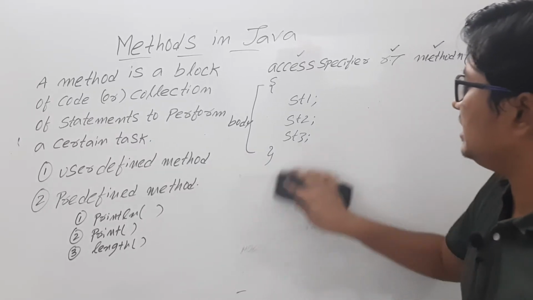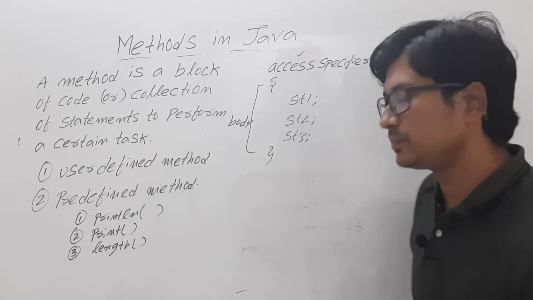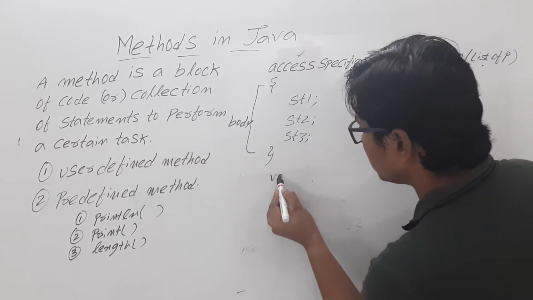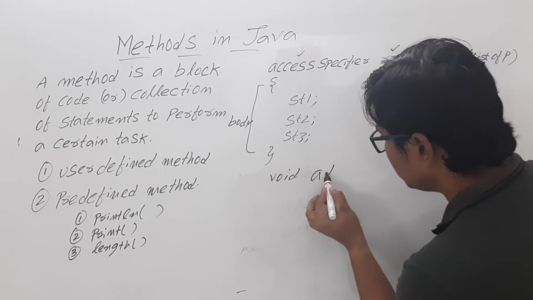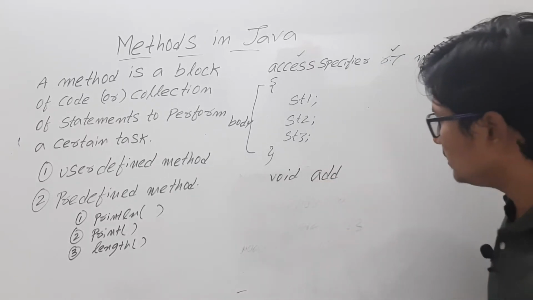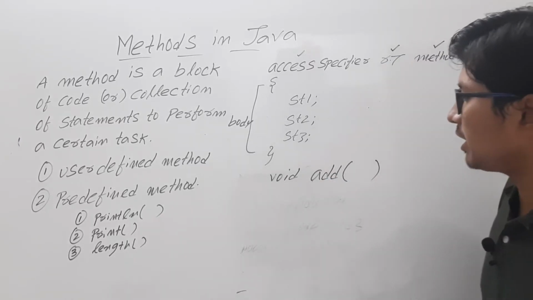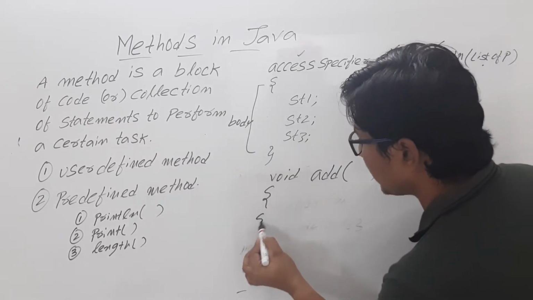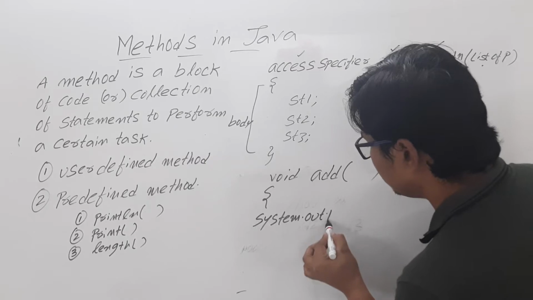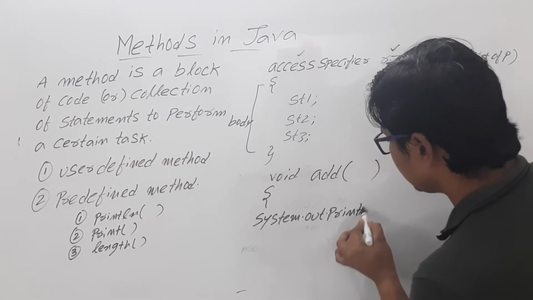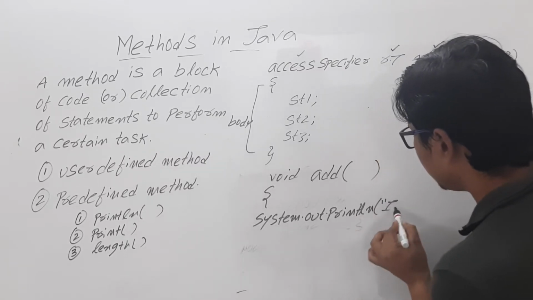Now let me discuss with a simple example. I have defined a method called add, and I have written the return type as void. I did not provide any parameters, and inside it I have written system.out.println, printing that I am performing addition.